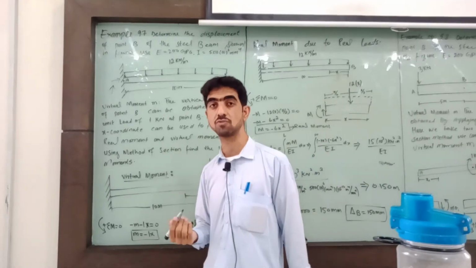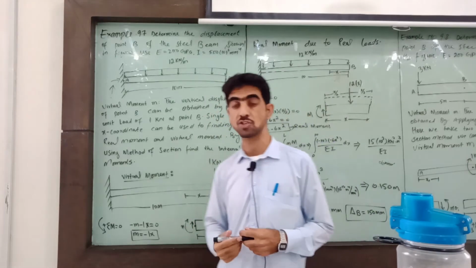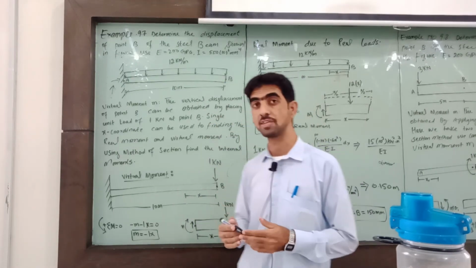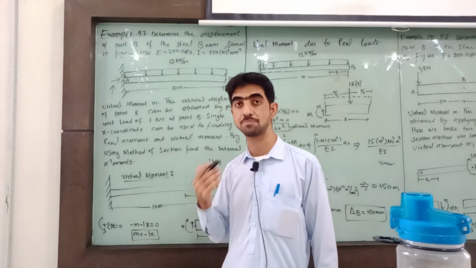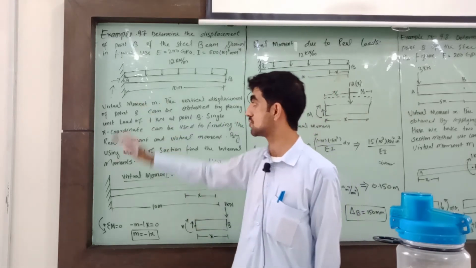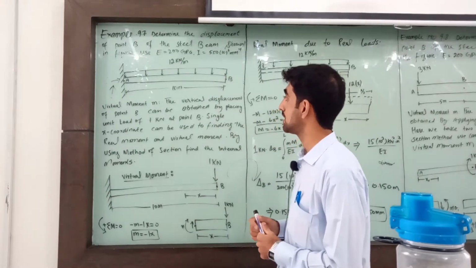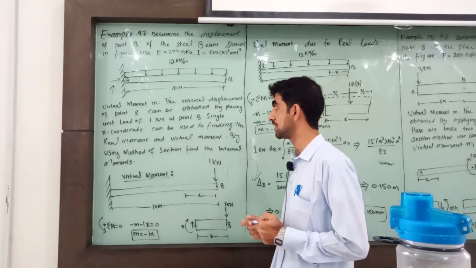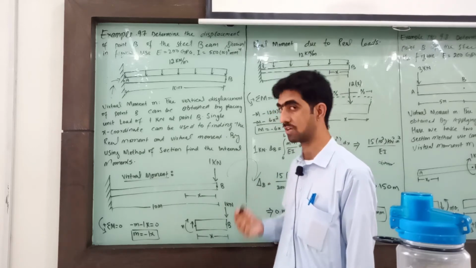Next we come to the virtual work method. What is the procedure of the virtual work method? This is a simple procedure, totally different from the previous lectures, where we discussed different types of techniques to analyze a beam. For the virtual moment, the vertical displacement of point B can be obtained by placing a unit load of 1 kilonewton at point B on the single x coordinate.